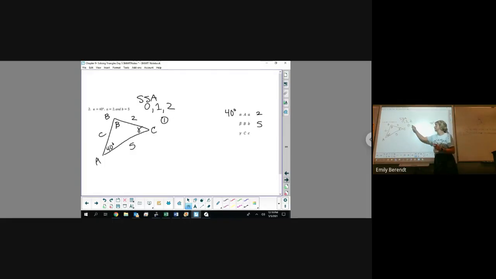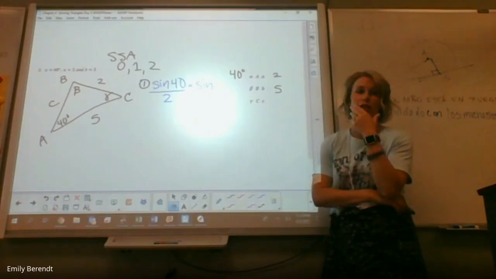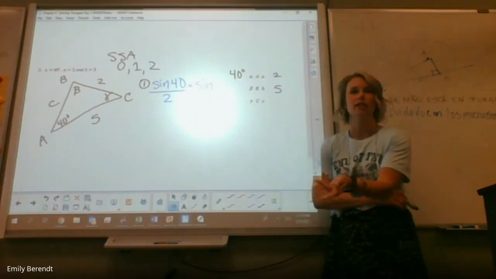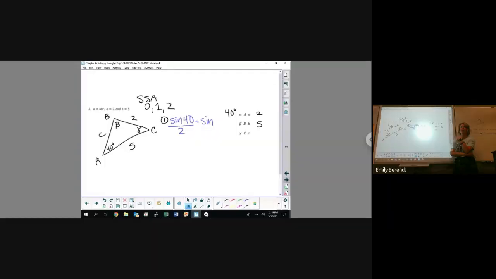So we'll start off with the sine of 40 over 2 equals the sine of, what angle are you forced to solve for on this one? Last one we solved for C. Why did we solve for gamma first on the last one? Because they gave you little c. This one gives you little b, so you have to solve for beta.